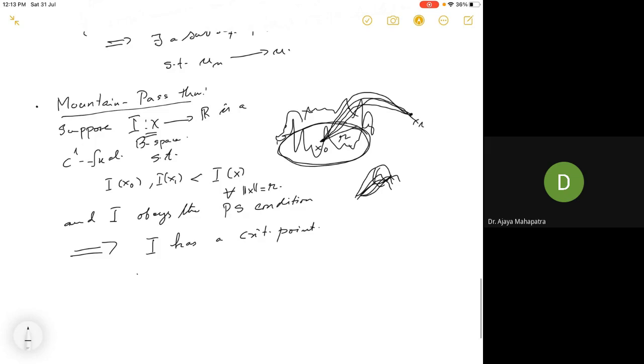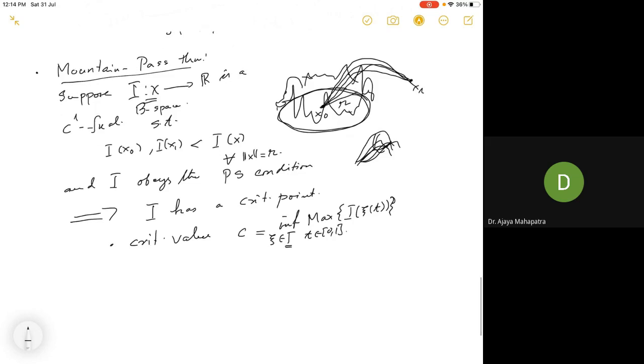And the critical value of that I is given by the infimum over all those paths. So gamma consists of all those paths from x0 to x1, continuous. Path itself means it's continuous. And the maximum of I of xi of t, with t in 0 to 1. So this itself says that this is a minimax problem.